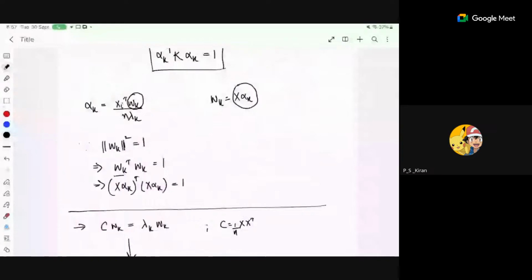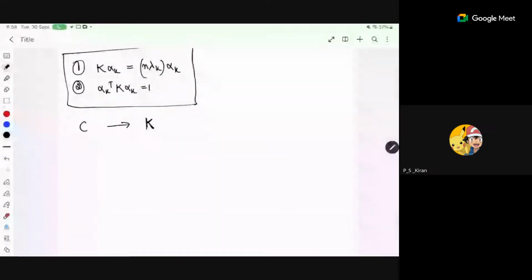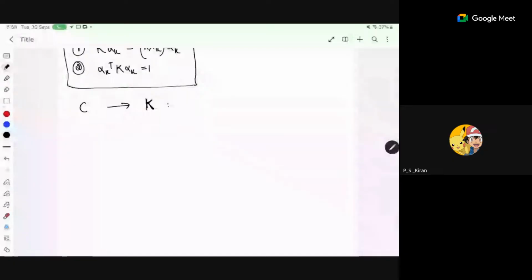Okay. So instead of finding the eigenvector and eigenvalue for C, we will do this process for K. So what was this K? K was X transpose X, right? And what is C? C is XX transpose divided by N. So let's say we have the eigenvalue and eigenvector for this matrix 1 by N XX transpose.